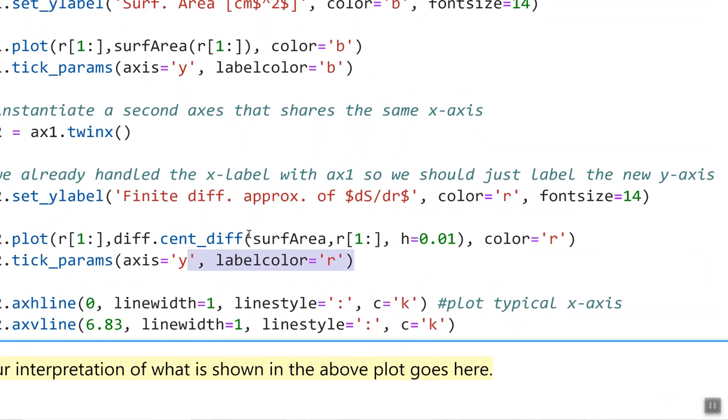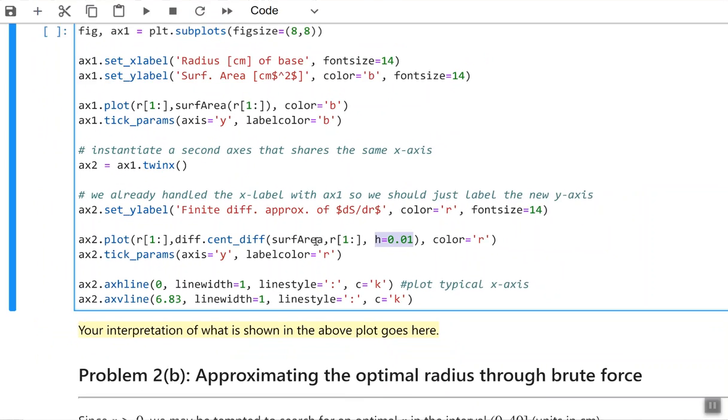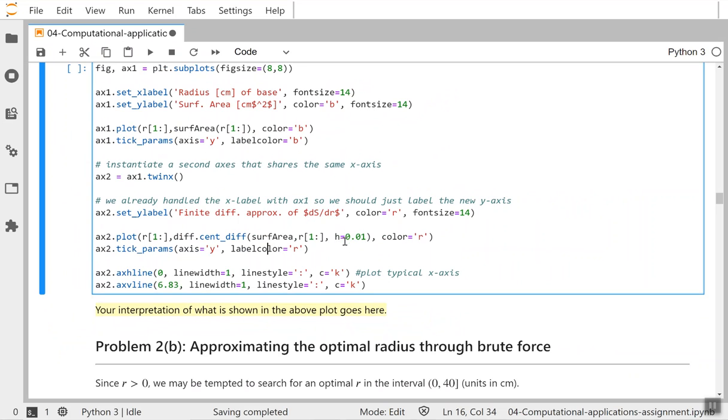I use the center difference approximation to the derivative, and from that derivative module, all I need to pass it is the function I'm approximating the derivative of, an array of values for which I approximate the derivative, and this h parameter that controls how well I'm approximating the derivative. And that was something discussed in the lecture 3 part C notebook.